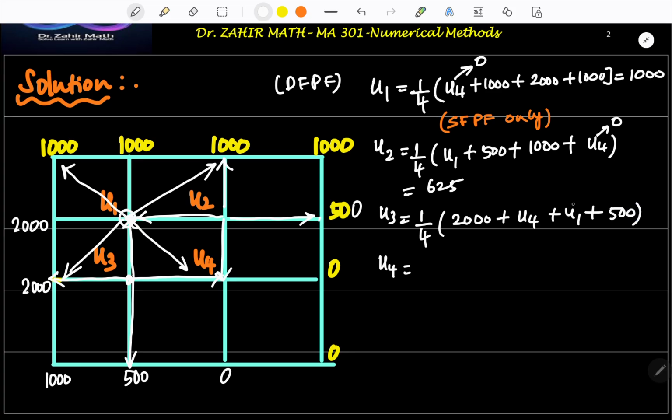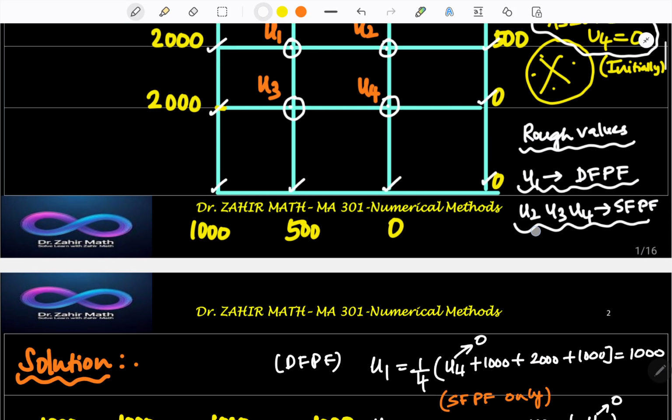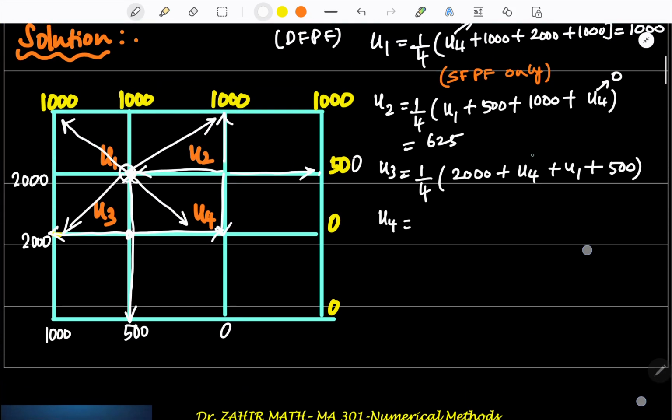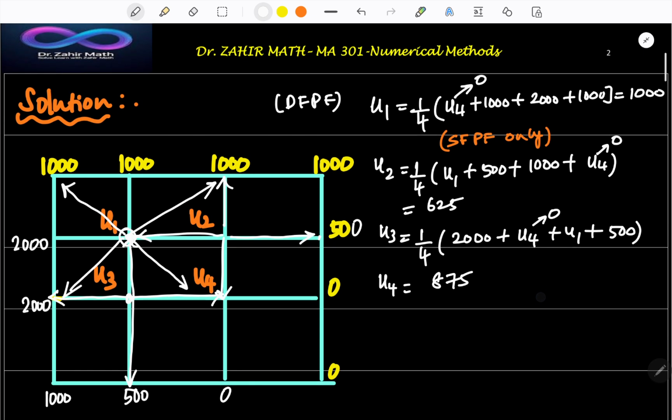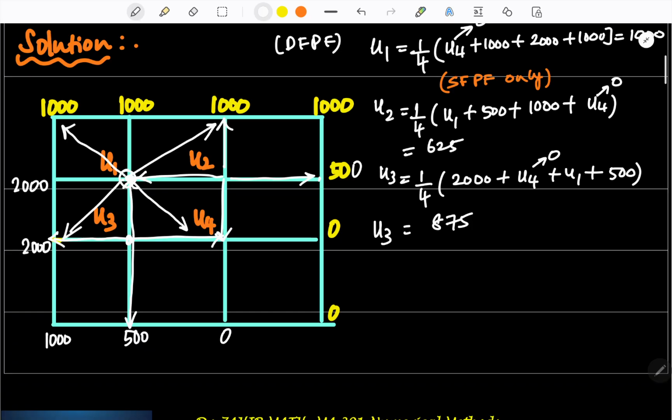Here also you are going to assume initially U4 is equal to 0. Still we did not get the U4 value, so I am assuming 0. So U3 is 875. Next we are going to calculate U4.